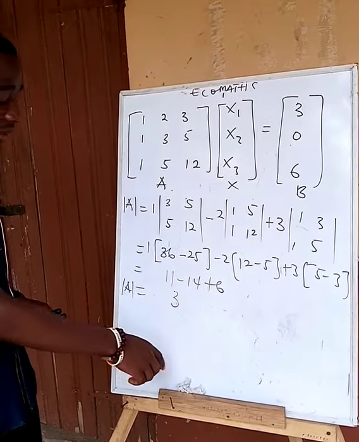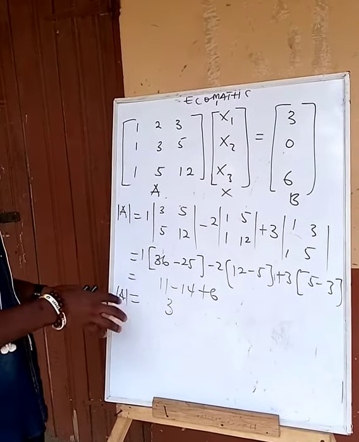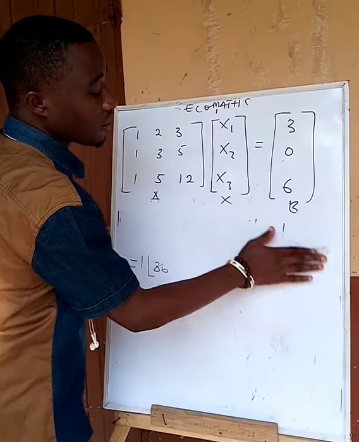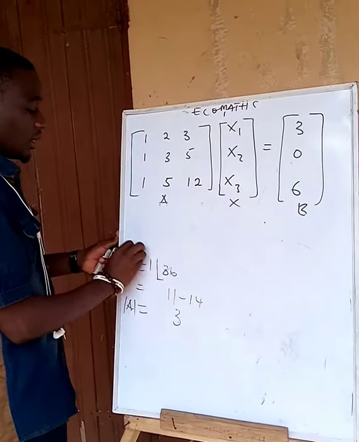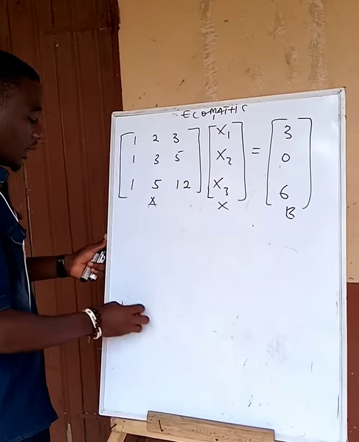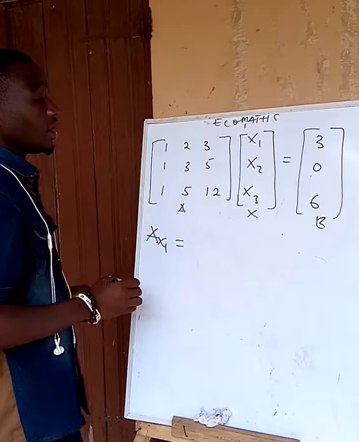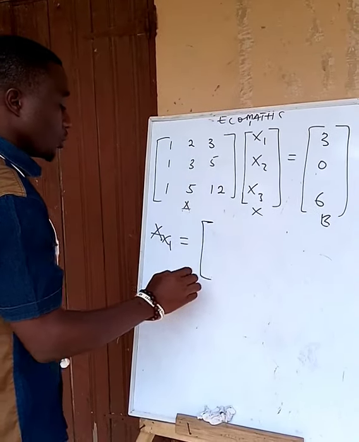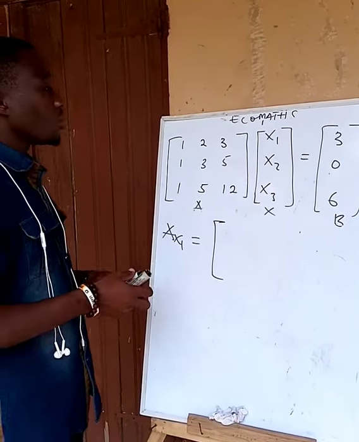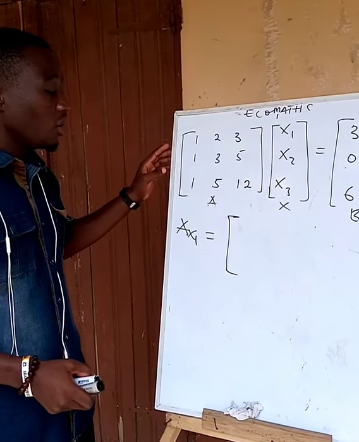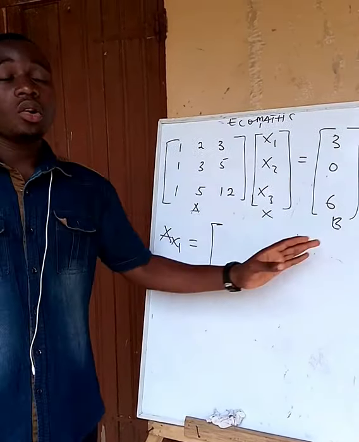So quickly, let me show you how you can find the A subscript x1, A subscript x2 and A subscript x3, and then you find their determinant. Now it's just very simple. Look at your coefficient matrix and replace the first column in your coefficient matrix by your constant matrix.